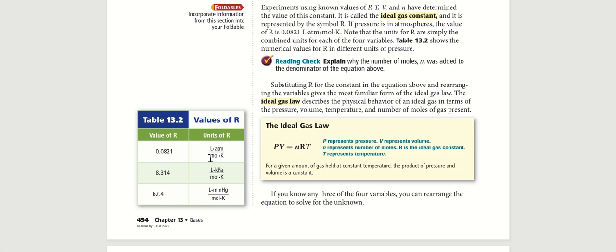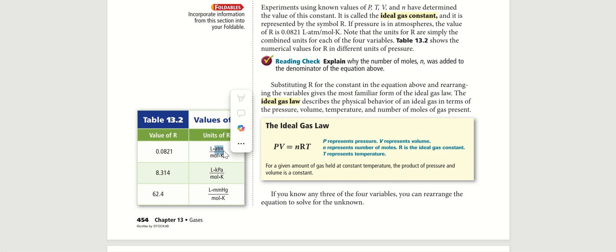Volume in liters, done. Temperature we said should be in Kelvin, done. Number of moles, done, particles in moles. So the only thing that will change is the unit of pressure.